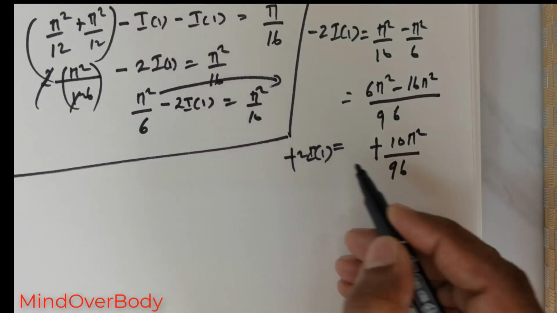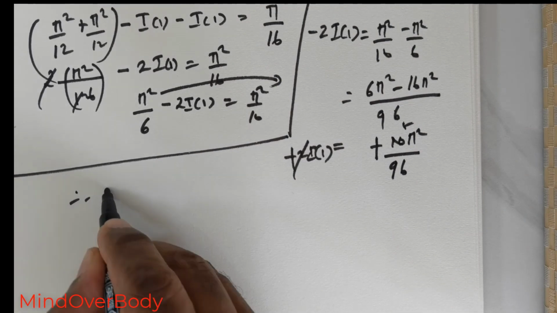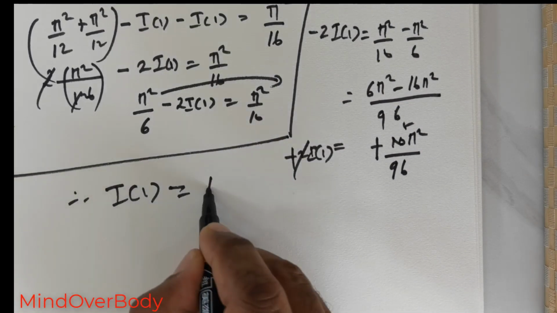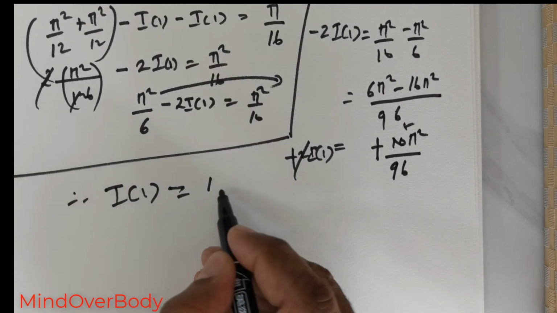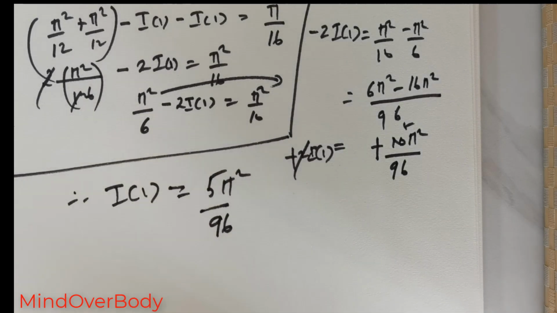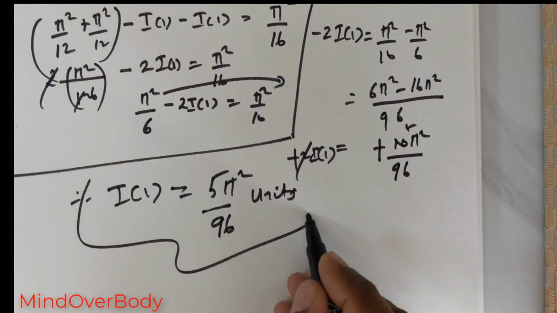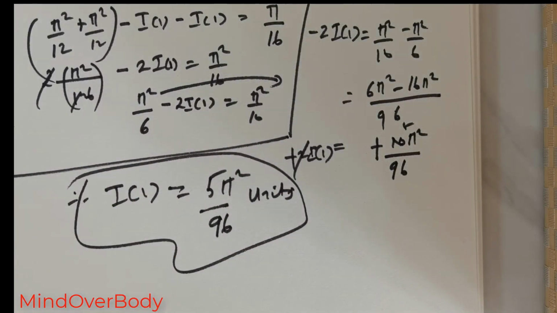So negative and negative cancel, 2 divides 10 five times, so therefore I of 1 is equal to 5 pi squared divided by 96. So this is the solution for the question. Thank you everybody.